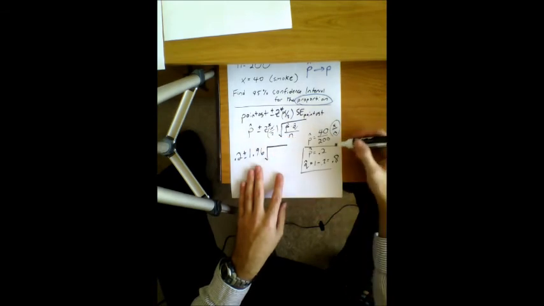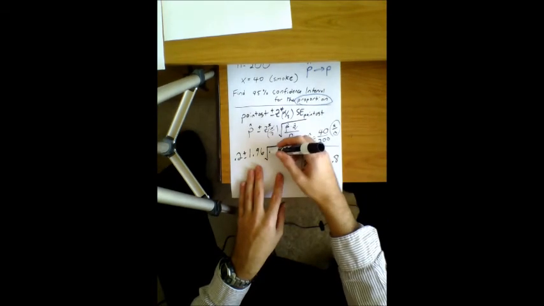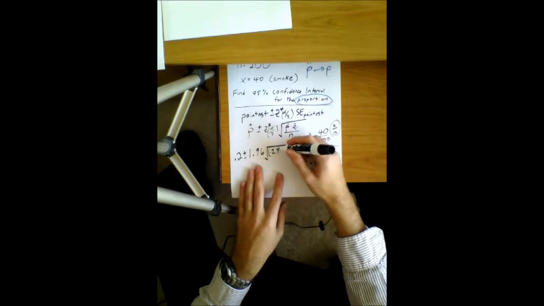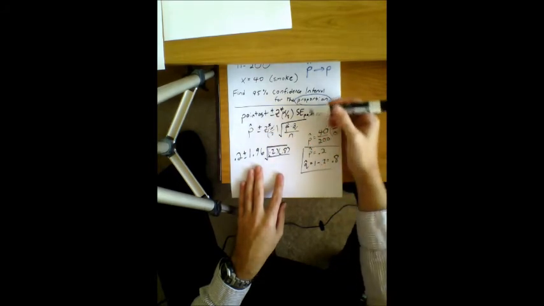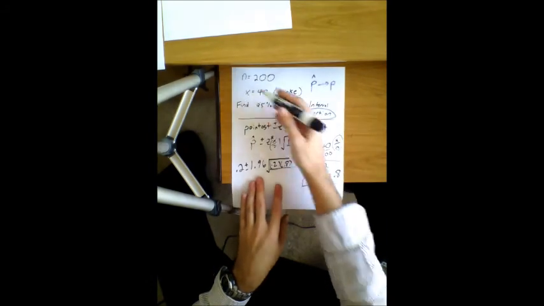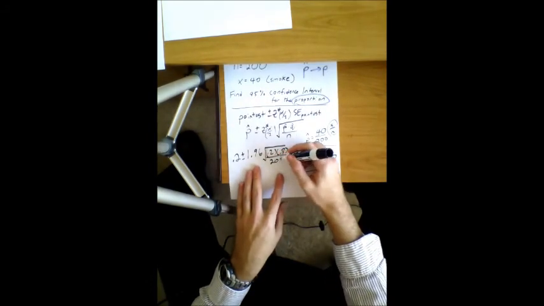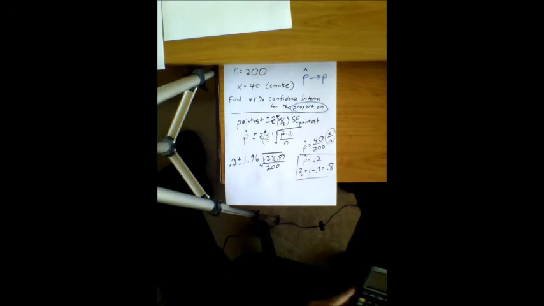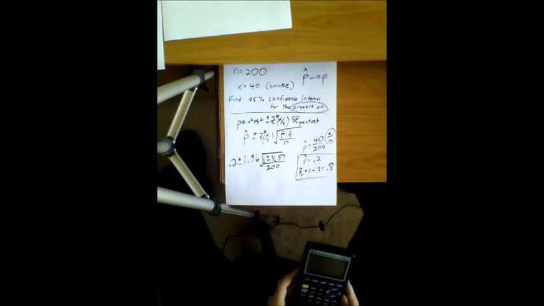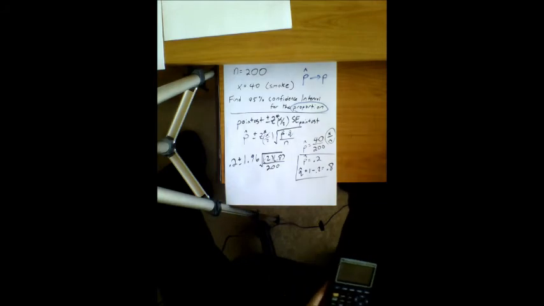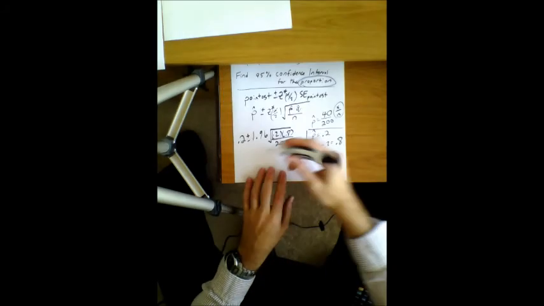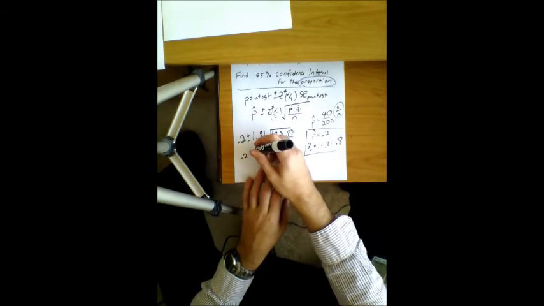Our standard error is going to be 0.2 times 0.8, all divided by n, which here is 200, how many we have in total. So 0.2 times 0.8 gives us 0.16 divided by 200.